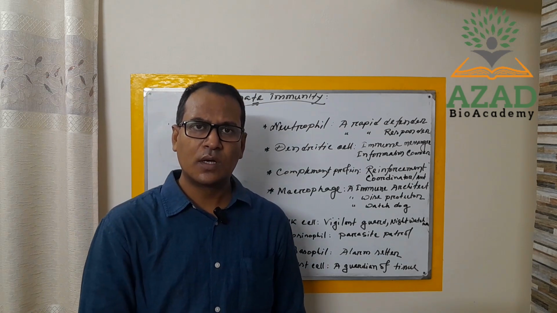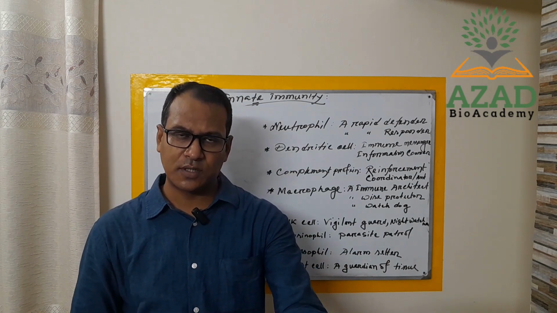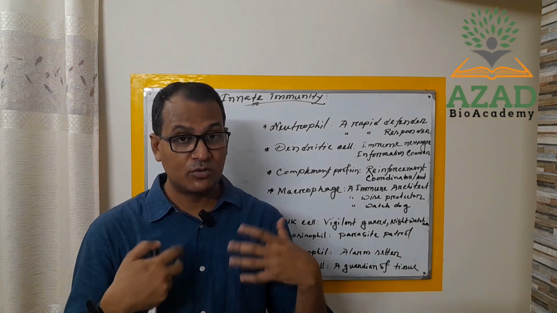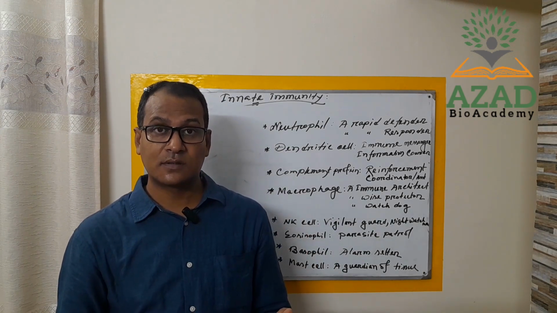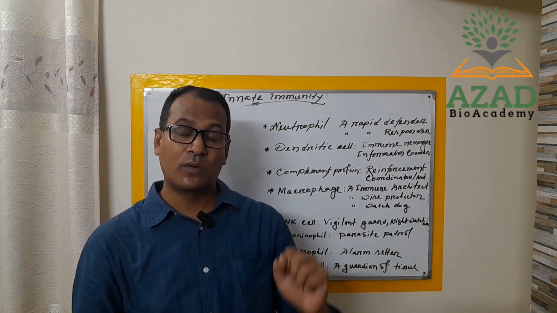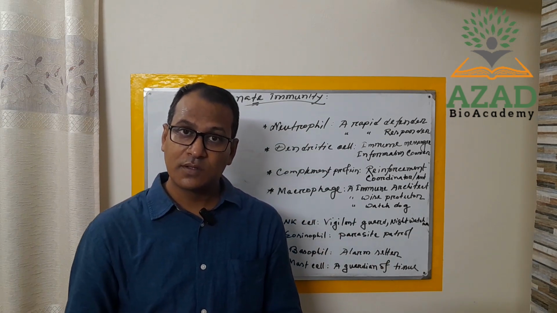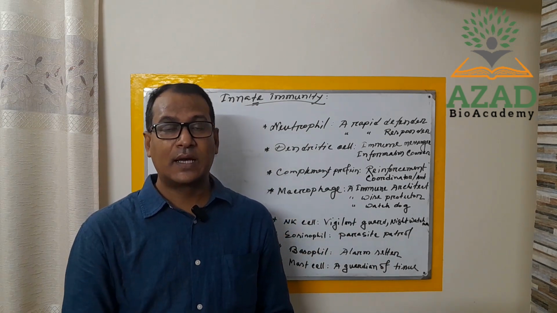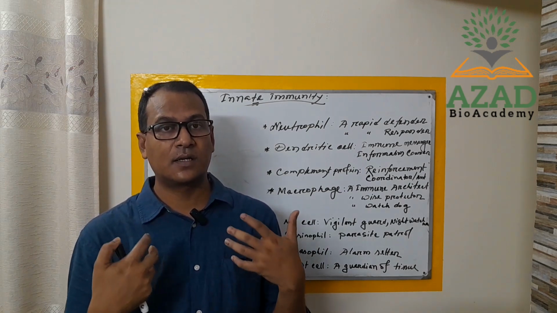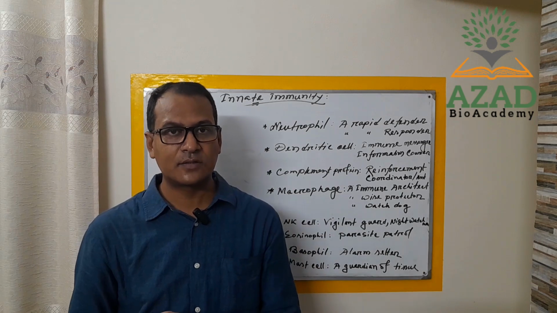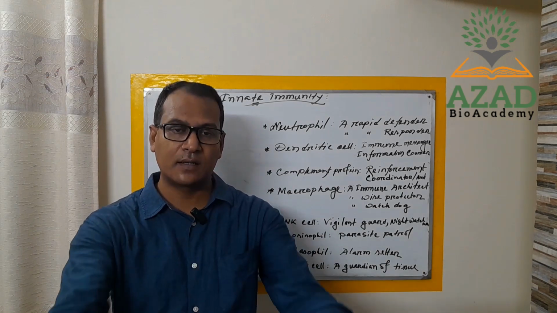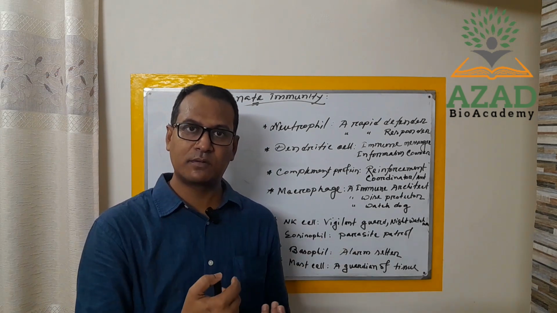Firstly, a microorganism will enter, or your injured cell tissues will act as a foreign substance, and your immune cells will work against them. So inflammation will occur, and if your body's immune system wins, no problem. If your body fails to manage it, then another immunity will come, that is adaptive immunity.